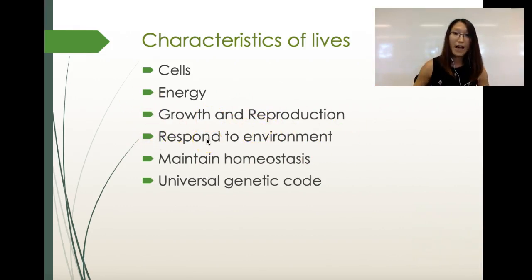For example, if you have a house plant, they will grow toward the window because that's where they can get more sunlight. They can maintain homeostasis. For example, if you don't water your plant, it is not going to survive for very long because they need a certain amount of water level within the body of the plant. And then they have a universal genetic code, just as you and I.